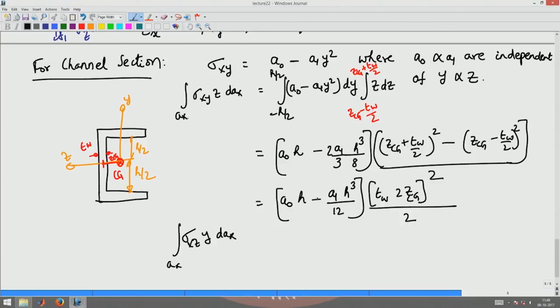Sigma xz is a linear function in S, which I can write as some B naught into S, wherein S is measured from here, that is S. So, how is that related to Z?